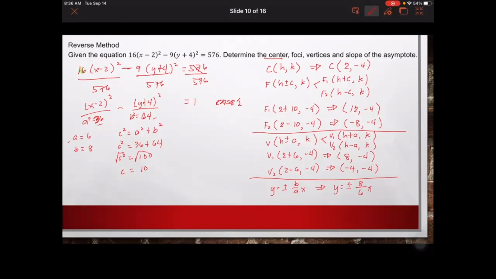So 8 over 6. Simplifying, we can have positive and negative. What is the simplified form of 8 over 6? 4 over 3 po. Okay, this is 4 over 3x. So, ayan natin sa loob.